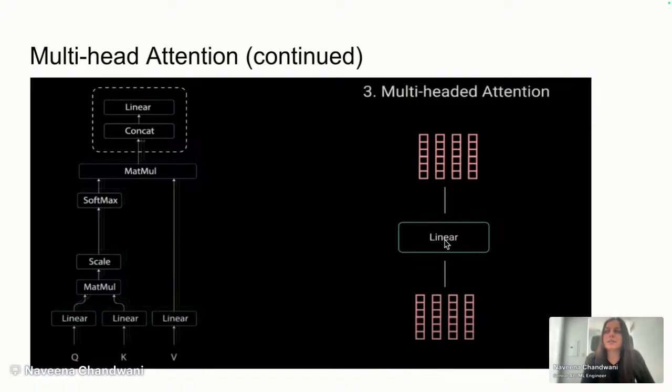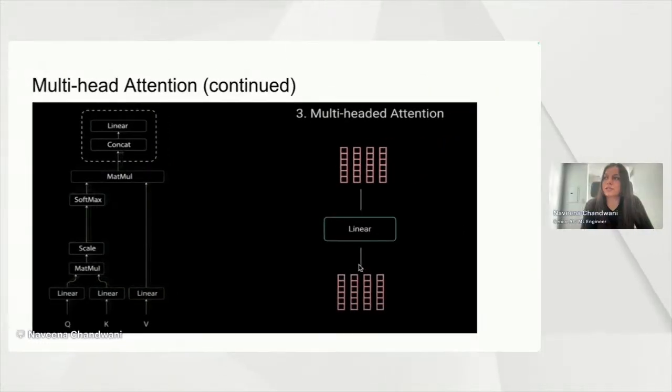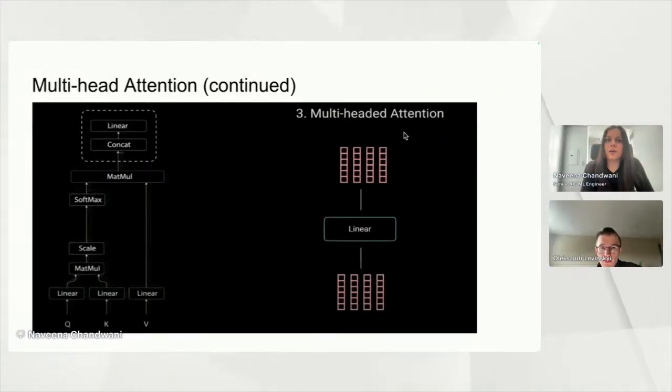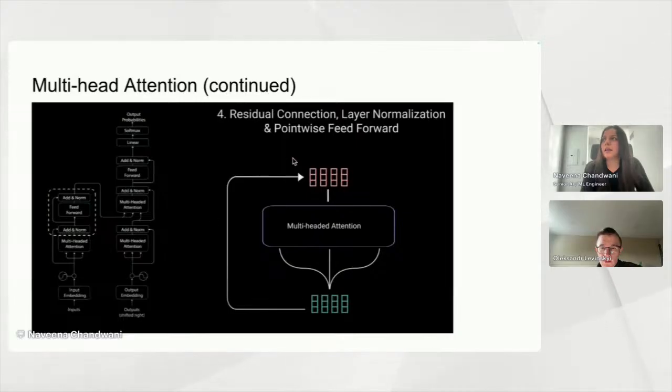The idea here is you want to learn from different representations in different quantities. This will be learned, you could add weights attached to how much to consider each of these, and that way you have your multi-headed attention.